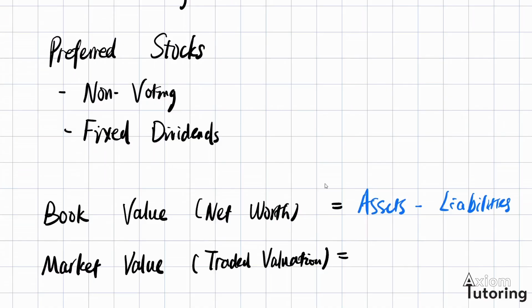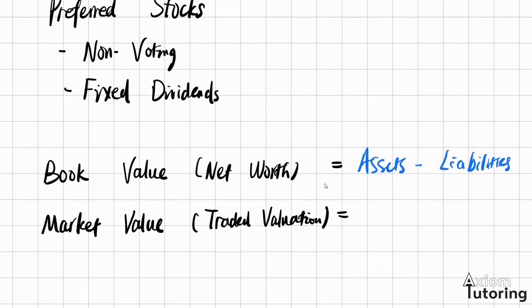But the market value is the valuation of its future profits. Whenever we're trading, we pay for its market value, not its book value. This is simply calculated as the number of shares outstanding multiplied by the share price, or the market price of the share.